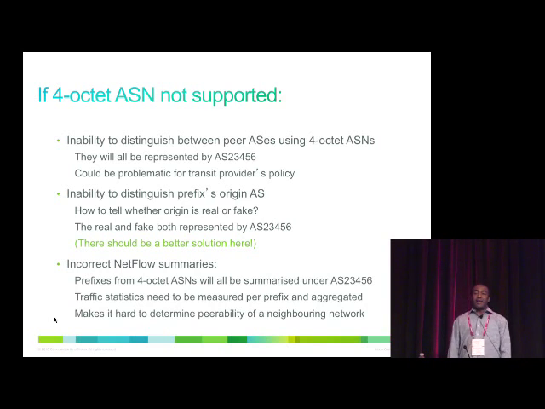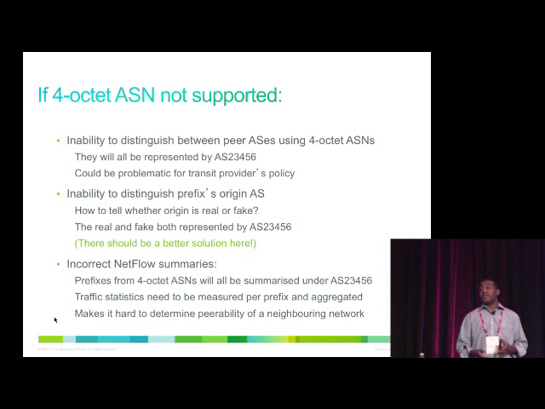So what is the impact of not supporting a 4-octet ASN? One of the problems is you don't really know the exact path it's taking, because every 4-octet autonomous system is represented as 23456. That's the main problem, and it's difficult to deal with.